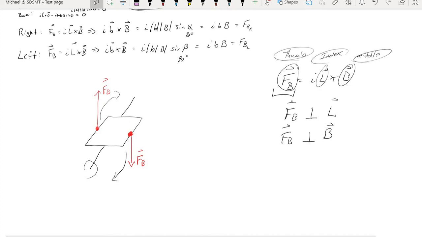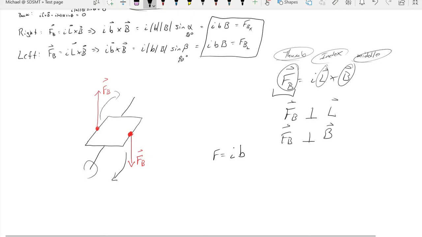All right, so we'll hold on to these values right here. As it turns out, both of these forces have the same magnitudes. They're both using the current times the length of their specific side legs.